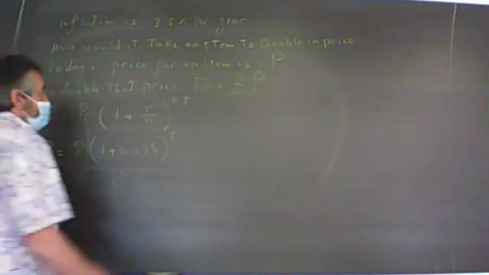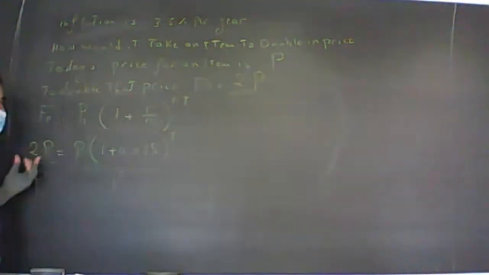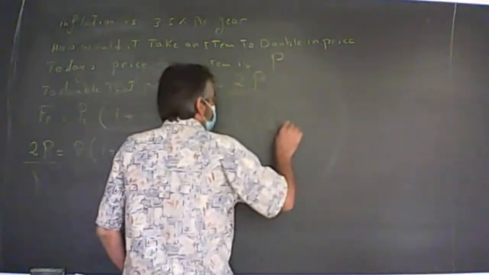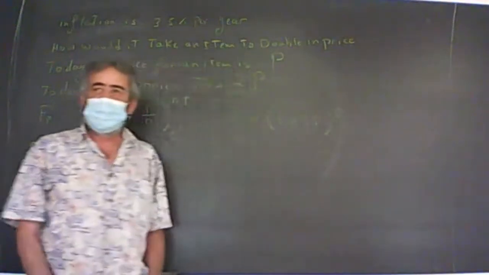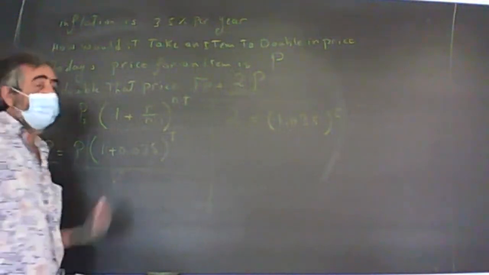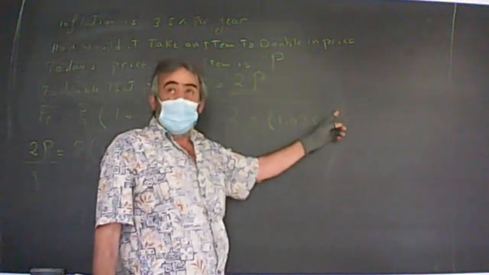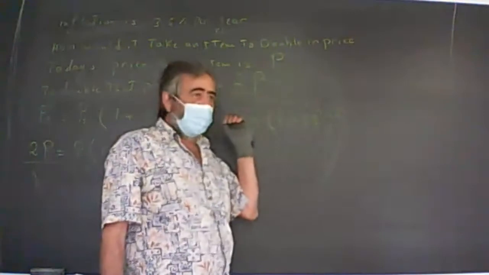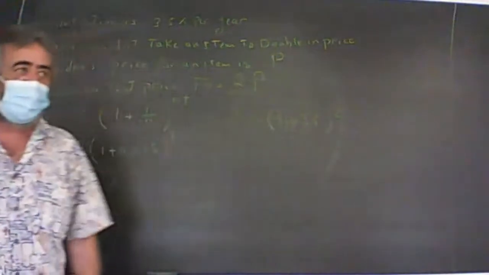Okay. So what is that? Let's continue over here. So what's left is 2 equals 1.035 to the power t. To solve for t, we said by using exponential form, we can introduce log to bring the exponent down. Because this t is in the exponent, and I do want to bring it down to solve for it.